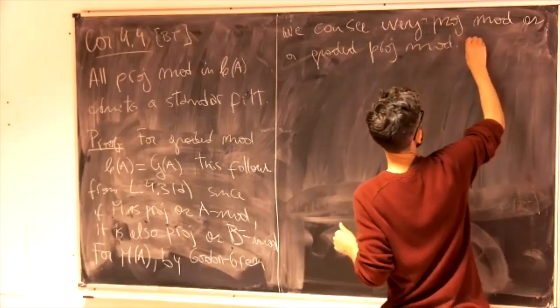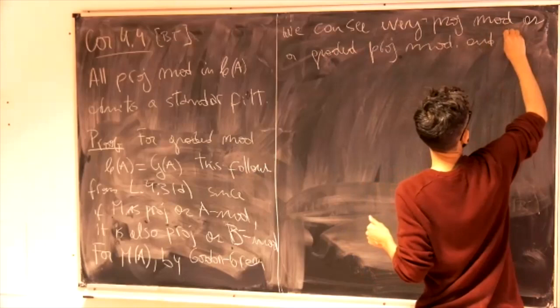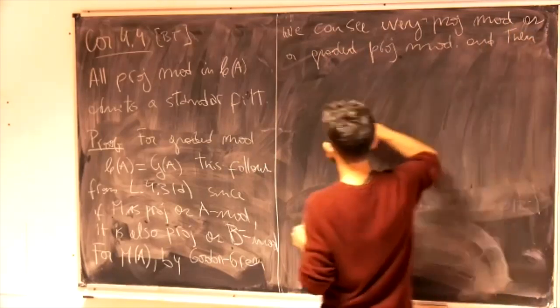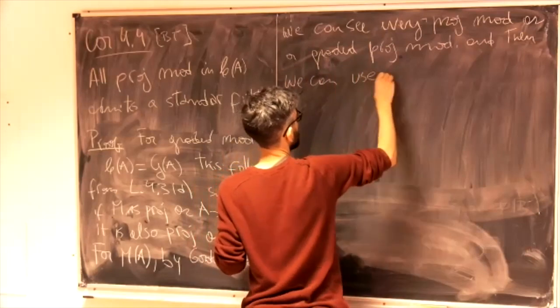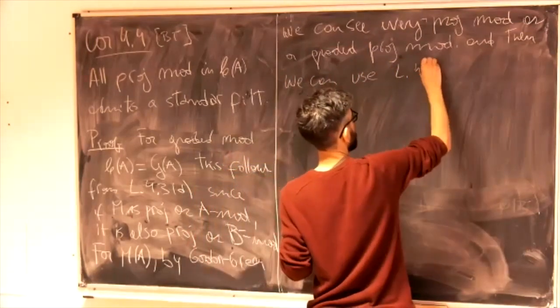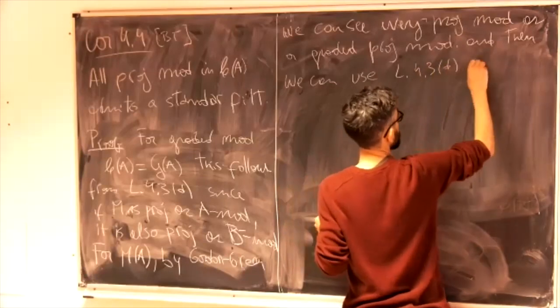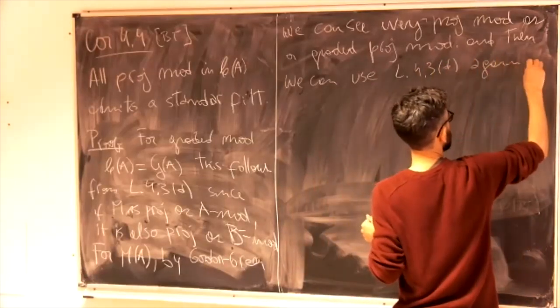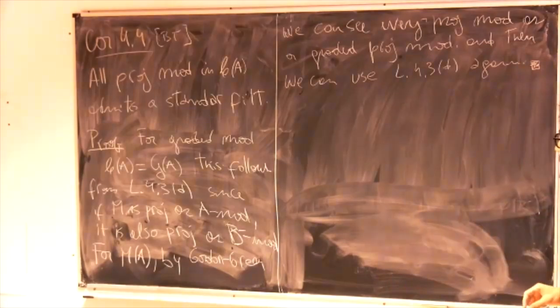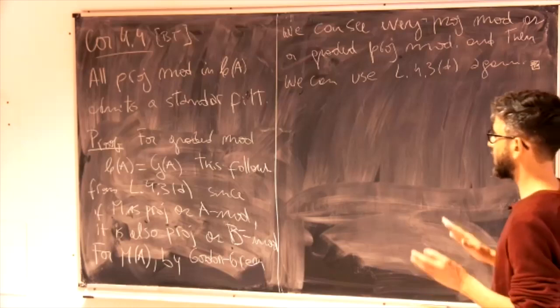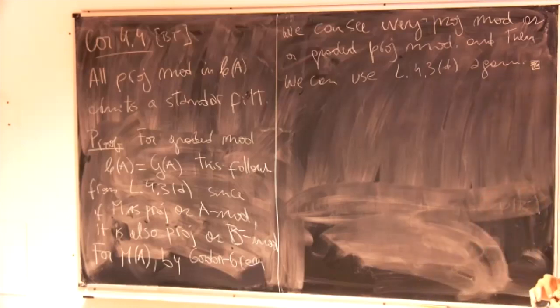And then it follows, we can use lemma 4.3 again. So this is the proof of the corollary. There is nothing more to prove. And the thing is that we can construct the projective modules using standard modules.